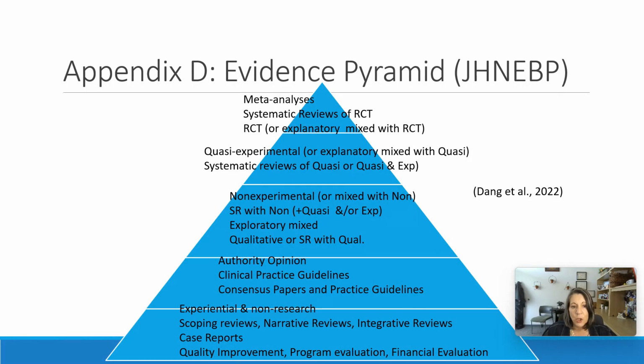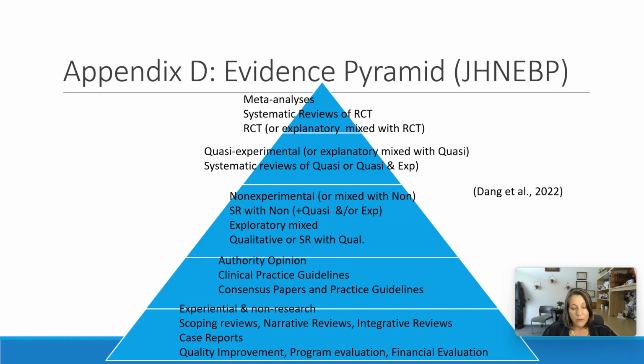Okay. Scoping reviews, which are literature reviews that do not have as rigorous of a methodology as a systematic review would have, because a systematic review has a very systematic, as the name implies, way that it goes about looking at the literature. Scoping reviews have less rigor in how the literature review is conducted.